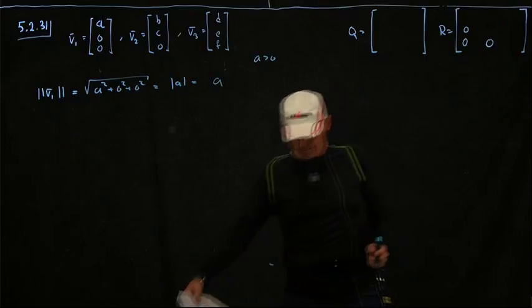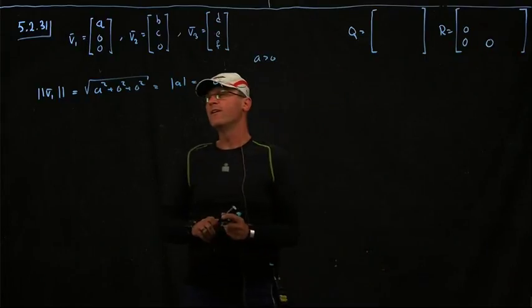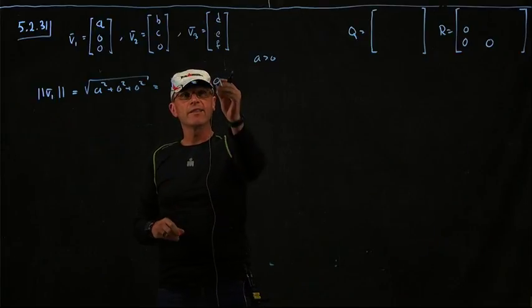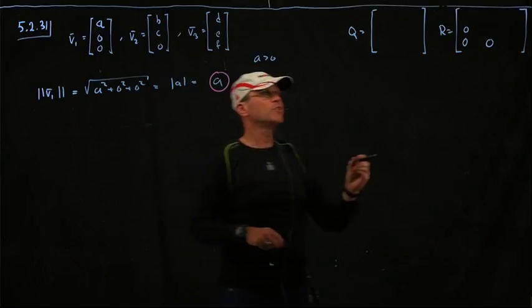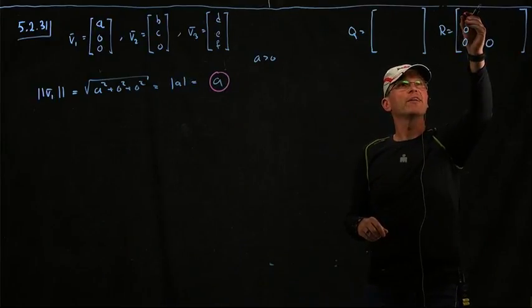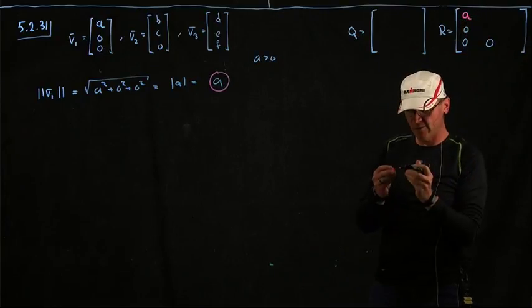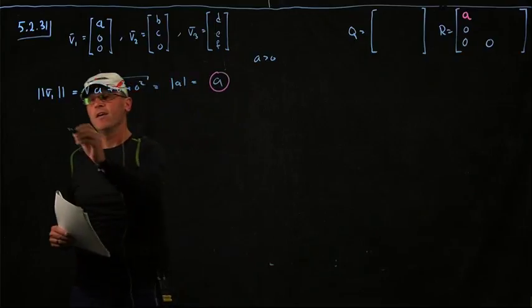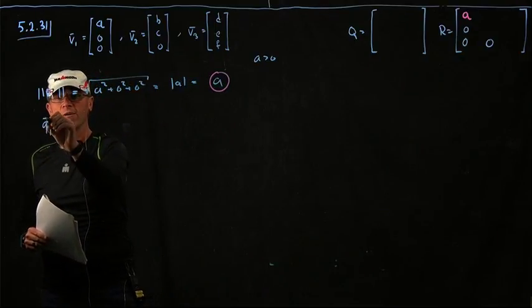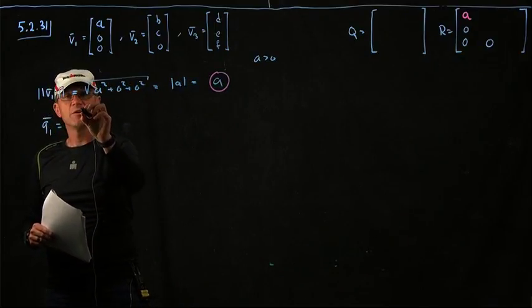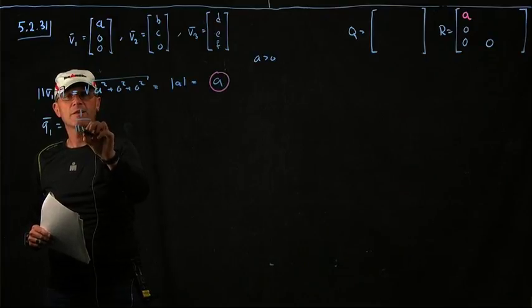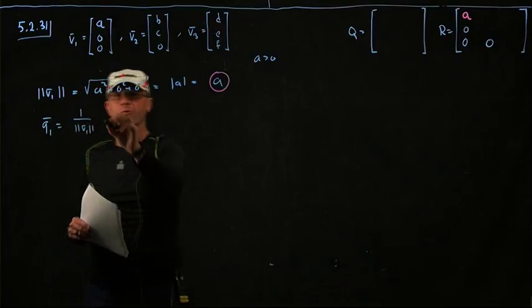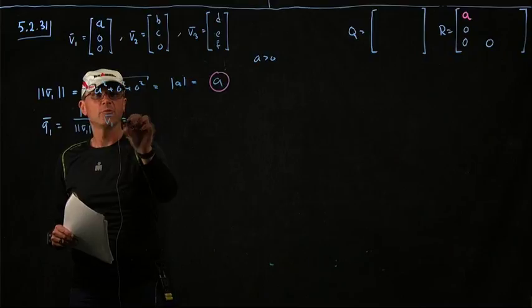Okay, so as before, we have lengths. They will show up as diagonal elements over here. So we have our first entry in R, and Q1, the first column in Q, is the length of V1 times V1.